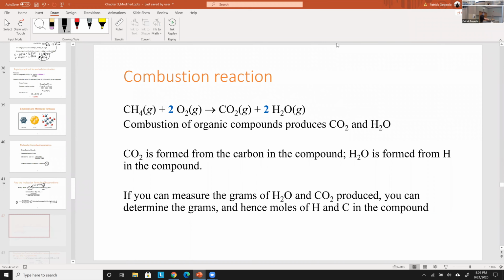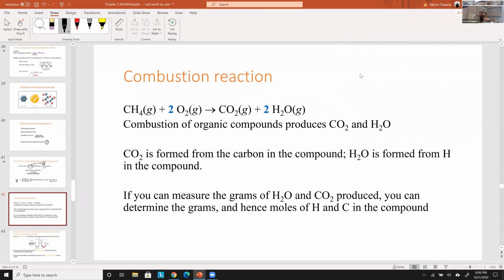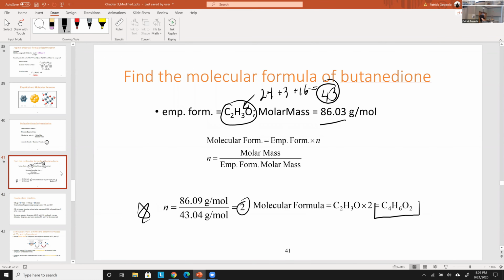Oh, there's a question. How do you know the empirical formula molar mass? So if you know the empirical formula, you can figure out the empirical formula molar mass by calculating it. So you have C2H3O. When it gives you the molar mass of the compound, that means the molecular formula, the whole thing, not the empirical formula mass.